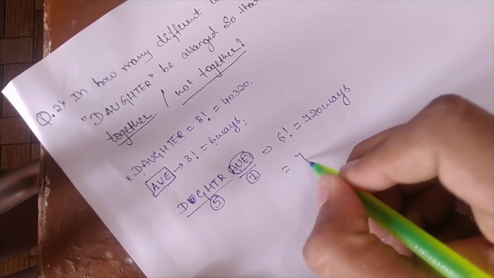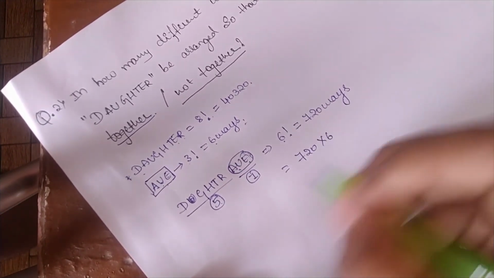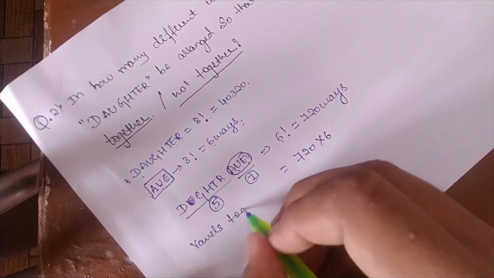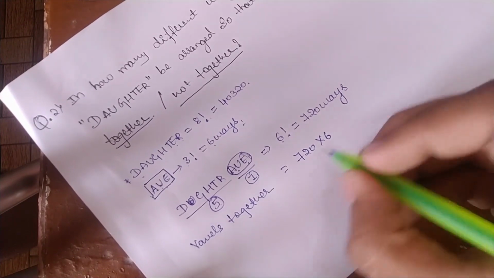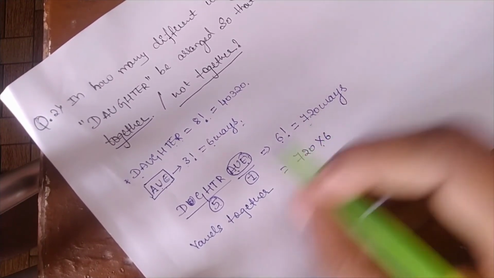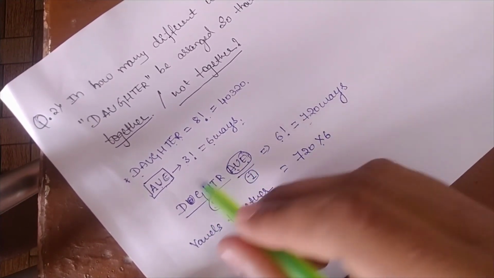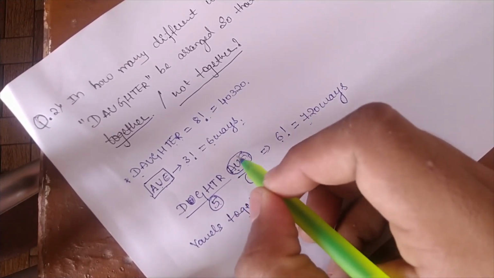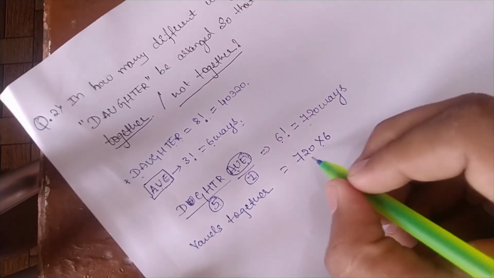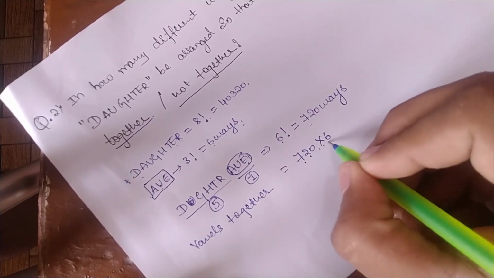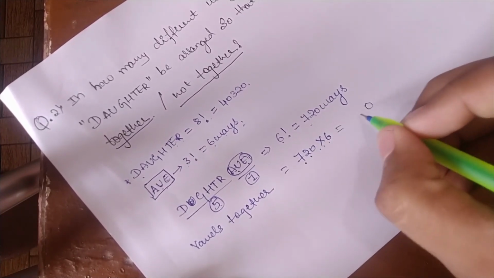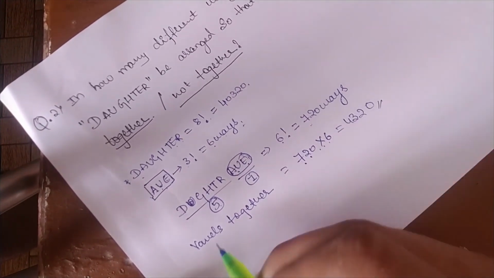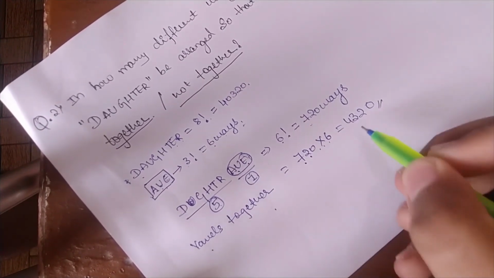So the total number of ways of arranging vowels together is equal to the number of ways of arranging the word times the number of ways of arranging the vowels themselves, which is 720 into 6, which is equal to 4320 ways. So this is vowels always come together.